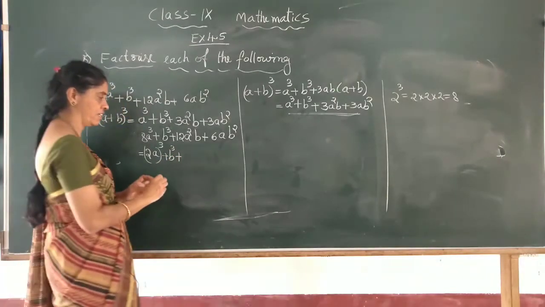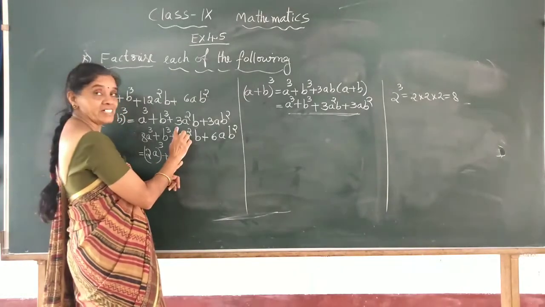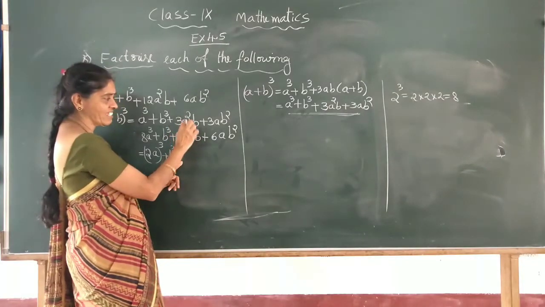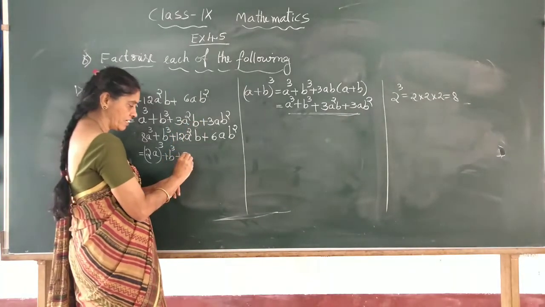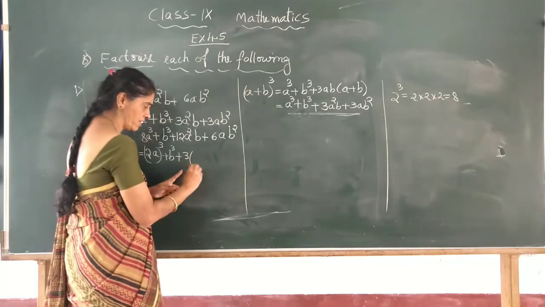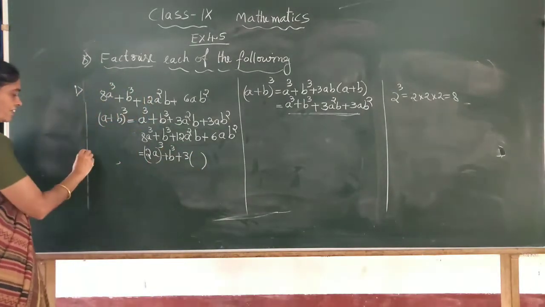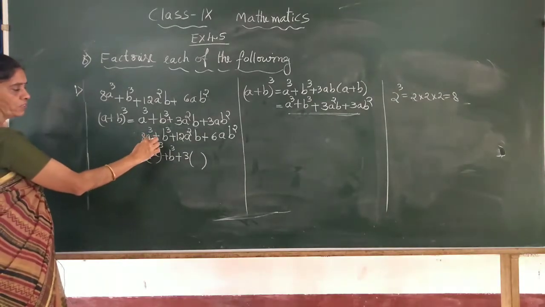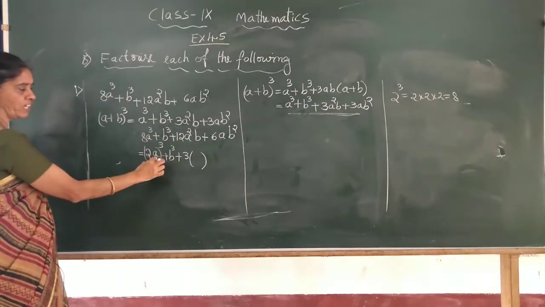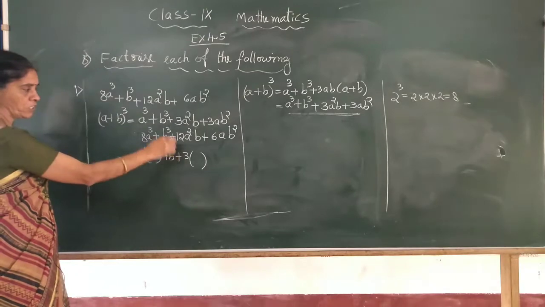Plus, now in the identity, I have to write 3a square b. Before writing that, in this one I wrote 8a cube as 2a whole cube plus b cube.